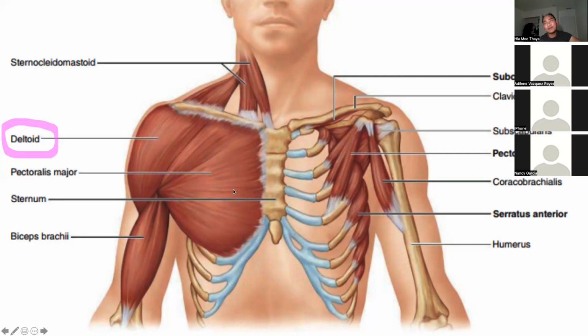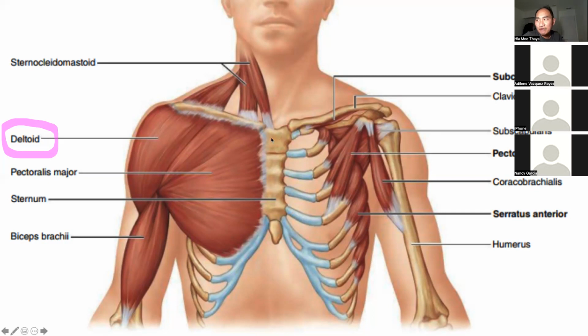If you appreciate here, the pectoralis major muscle originates from the sternum, which is our chest bone, and the pectoralis major muscle also originates from the clavicle. Therefore, the pectoralis major muscle has two origins.